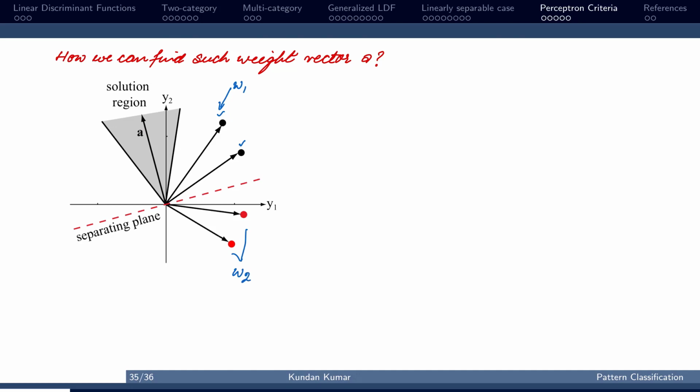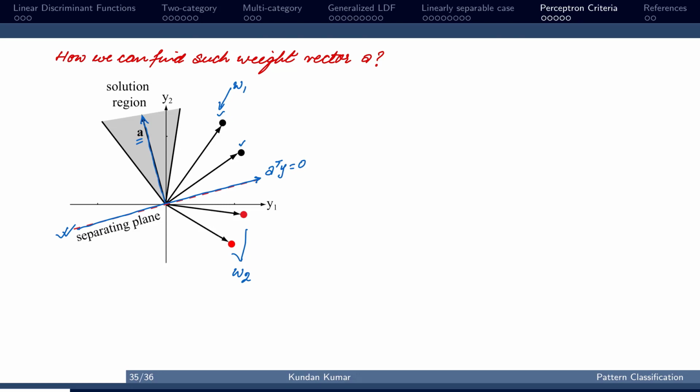This is the decision boundary which separates the feature vectors belonging to the two different classes. It is basically A transpose y equal to 0, and the vector perpendicular to this separating plane is the A vector.